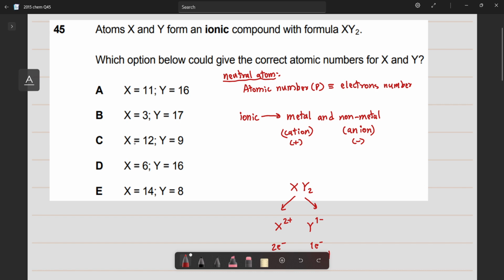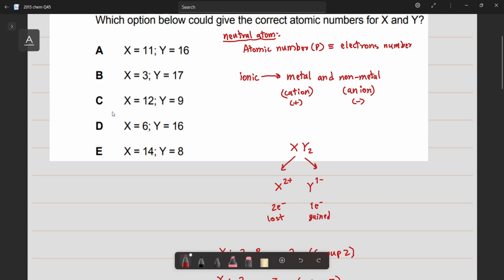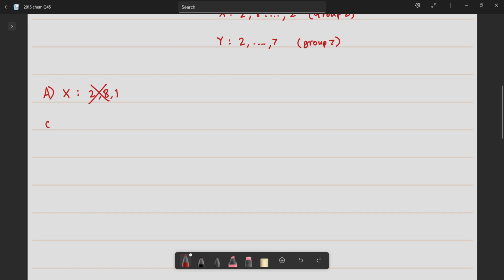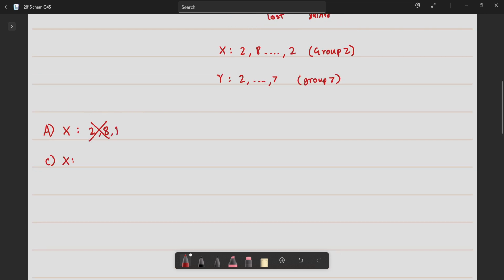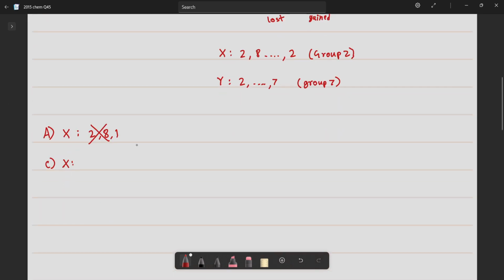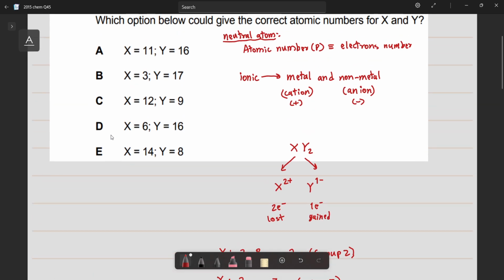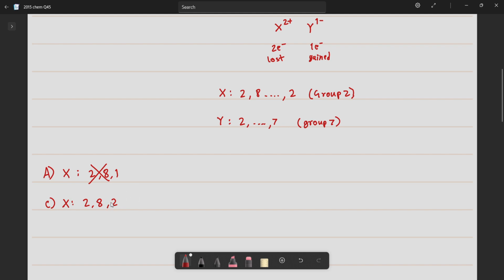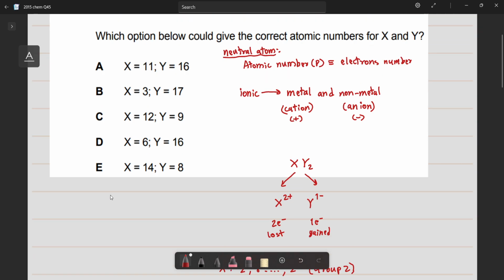And for option C, if you construct the electronic configuration for X, since they mentioned 12, it's 2, 8, and then this gives 2. The last number of electrons must be 2. 2 plus 8 is 10, and then plus 2 gives 12. So this seems to be correct.